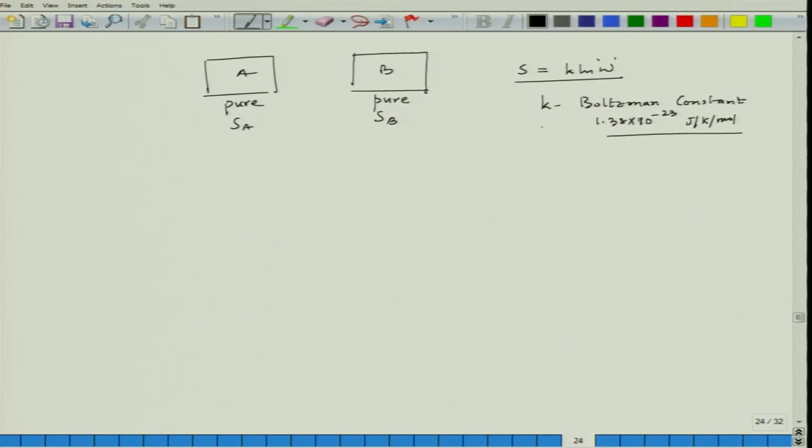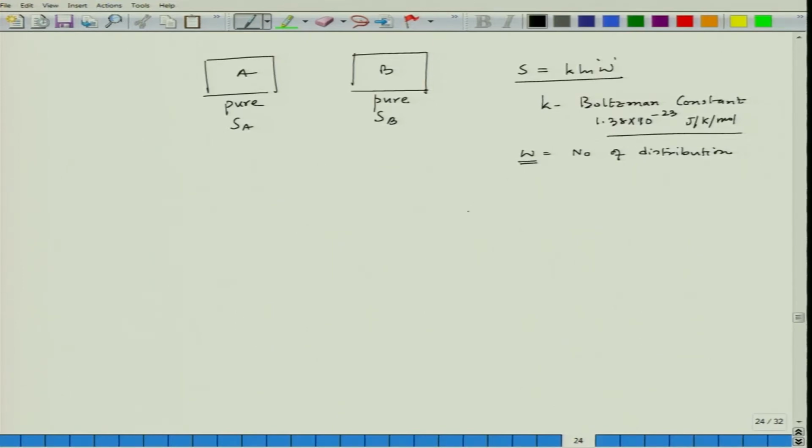Now, this omega is the number of independent distributions. When we consider a constant volume and a constant internal energy, it is coming from statistical consideration of distribution.